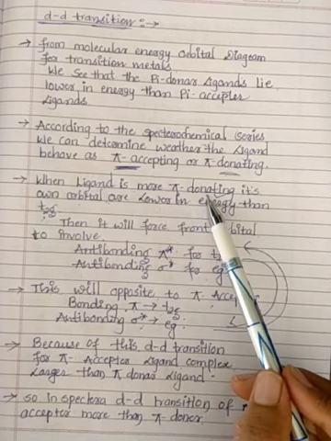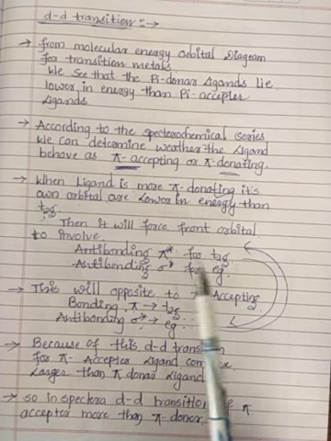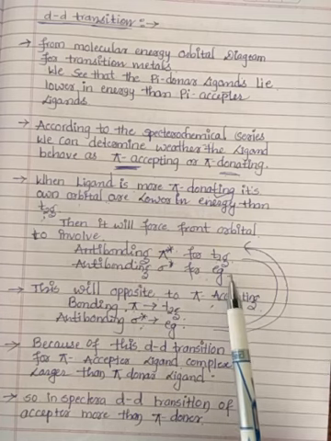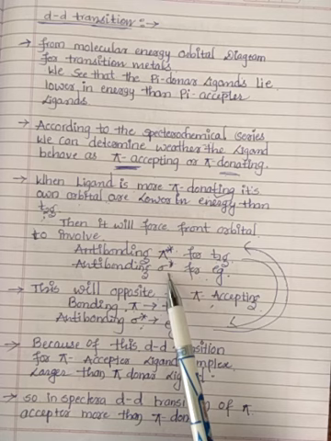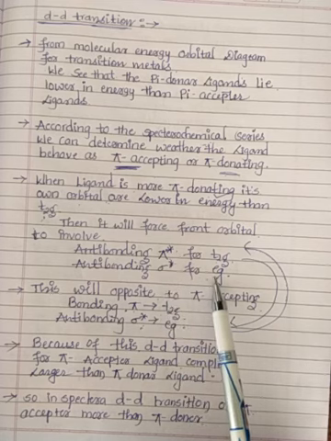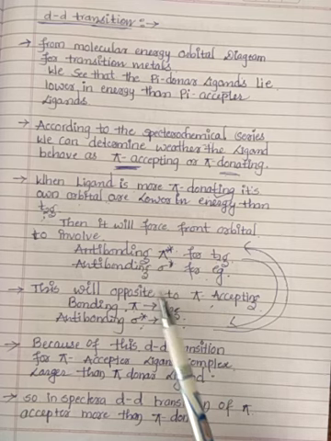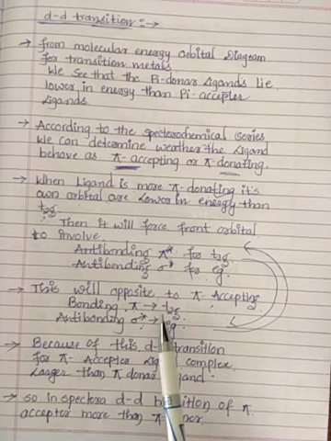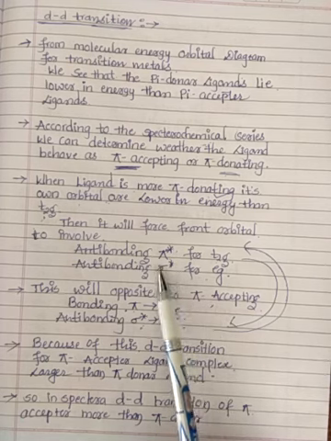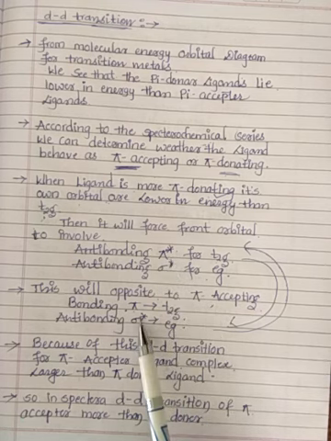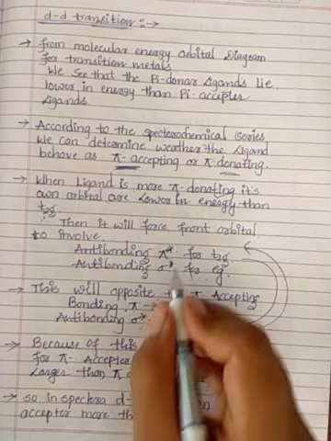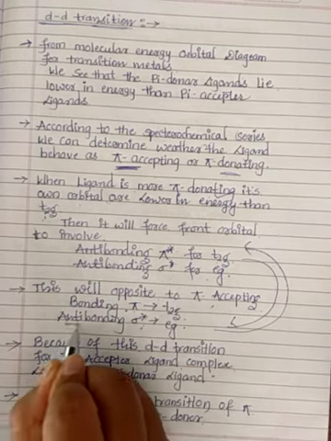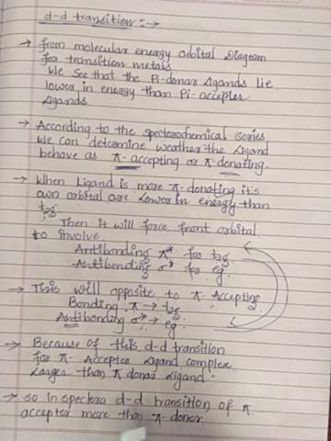If it is donating, then antibonding pi star t2g and antibonding sigma star eg. And if it is the opposite, pi accepting, then bonding pi t2g, we have just removed the star, and antibonding sigma star eg; the star comes here because it is antibonding.